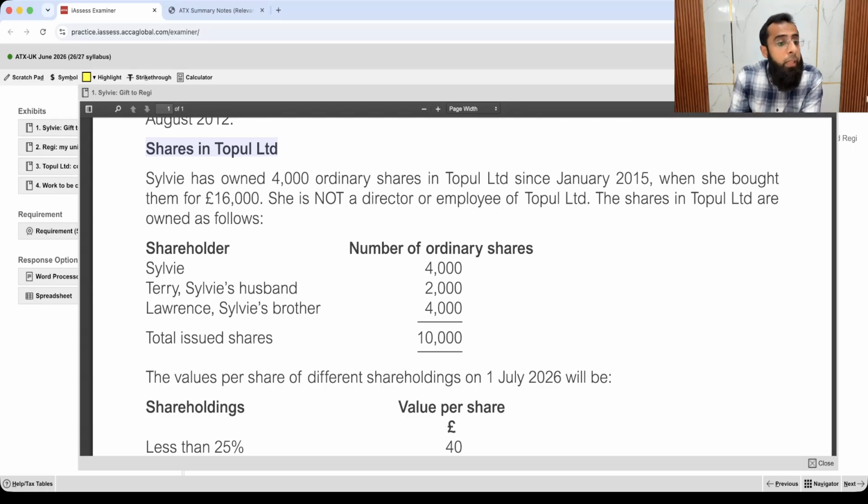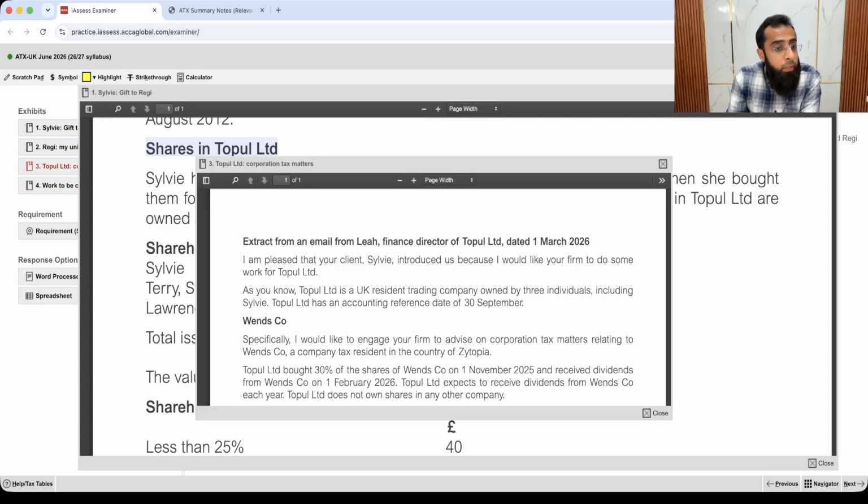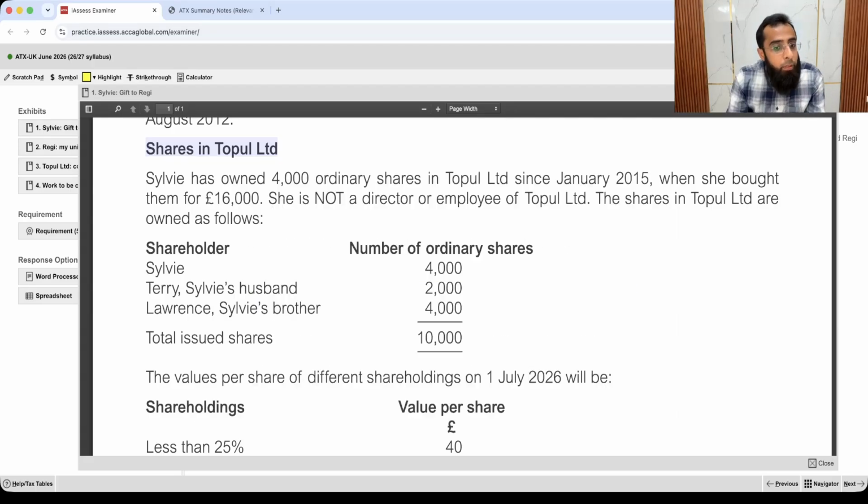So it's obviously an unquoted company. You are provided with the details about Topul Limited also. Topul Limited is a UK resident trading company, and obviously it's unquoted because it is owned by three individuals only. So when it's an unquoted company, gift holdover relief is available.